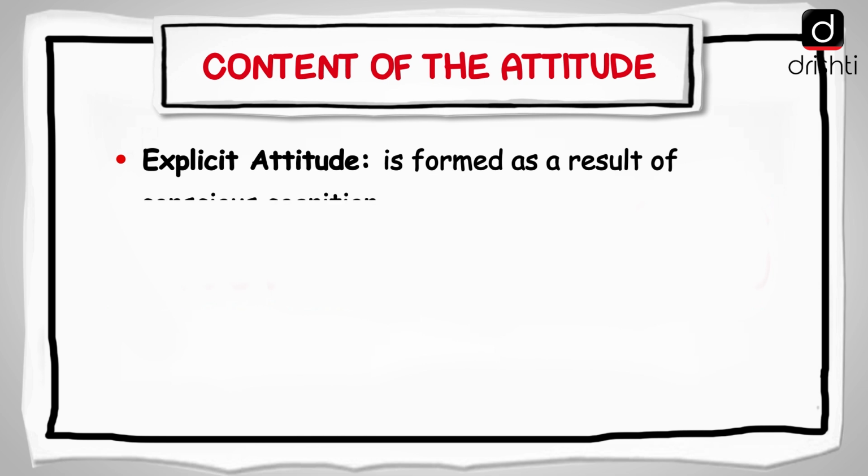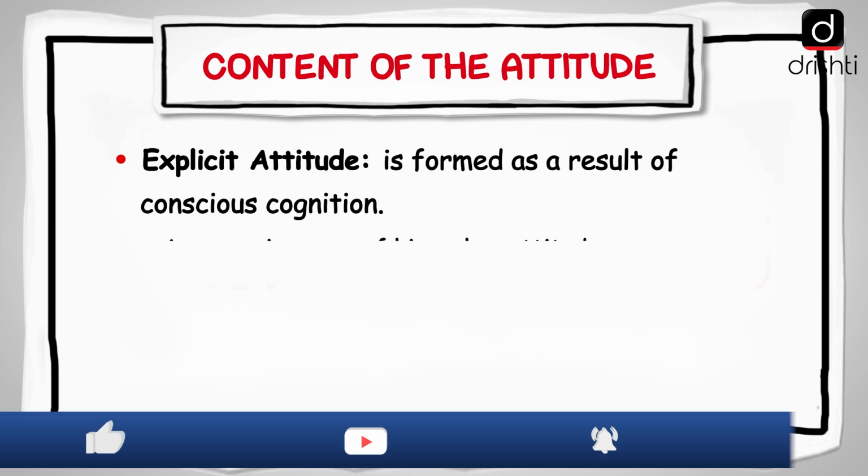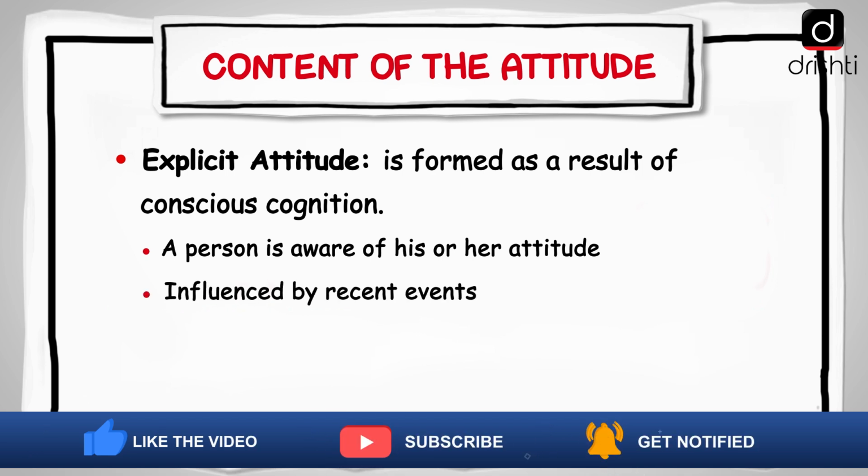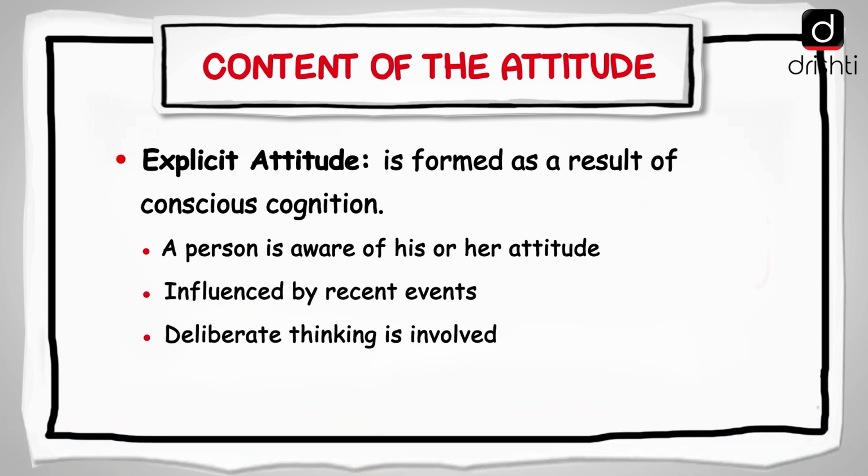Let's begin with the content of the attitude. Content can be divided into two parts, namely explicit and implicit. Explicit content of attitude is formed as a result of conscious cognition, which means a person is aware of his or her attitude, influenced by recent events, deliberate thinking is involved, and it is also known as self-reported attitude.